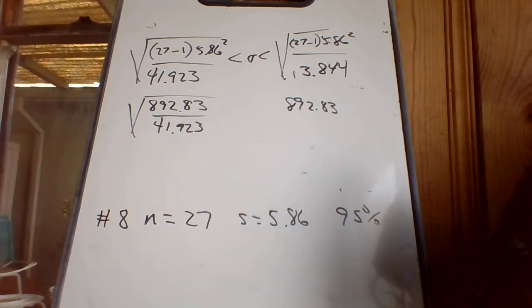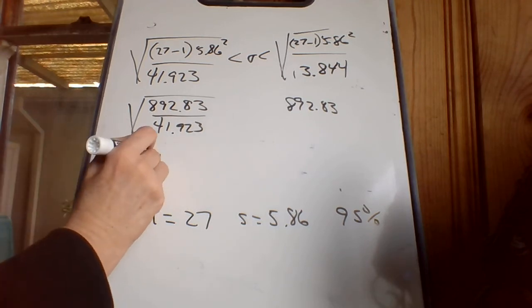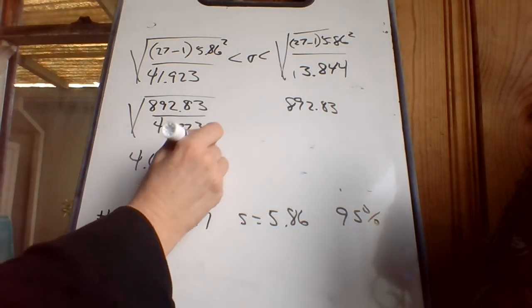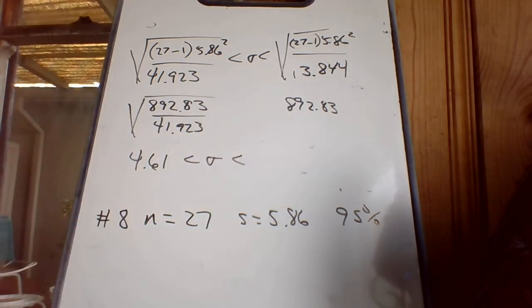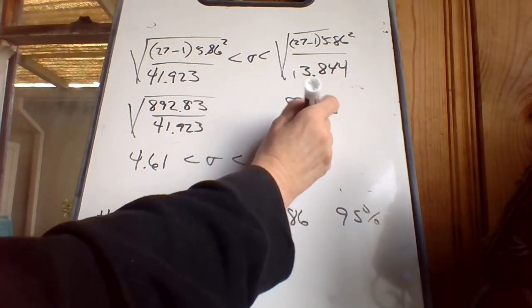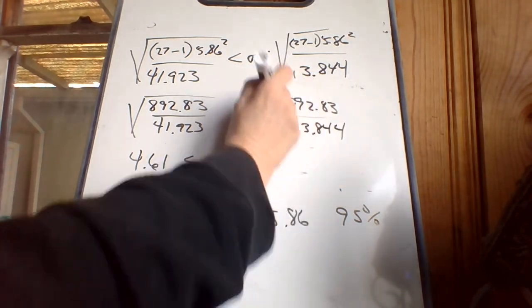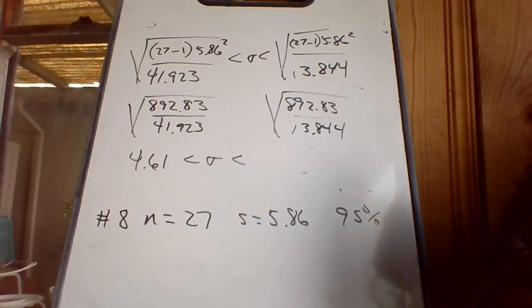Take the square root. 4.61. 892.83 divided by this 13.844, and then 64 point something, take the square root, 8.03.